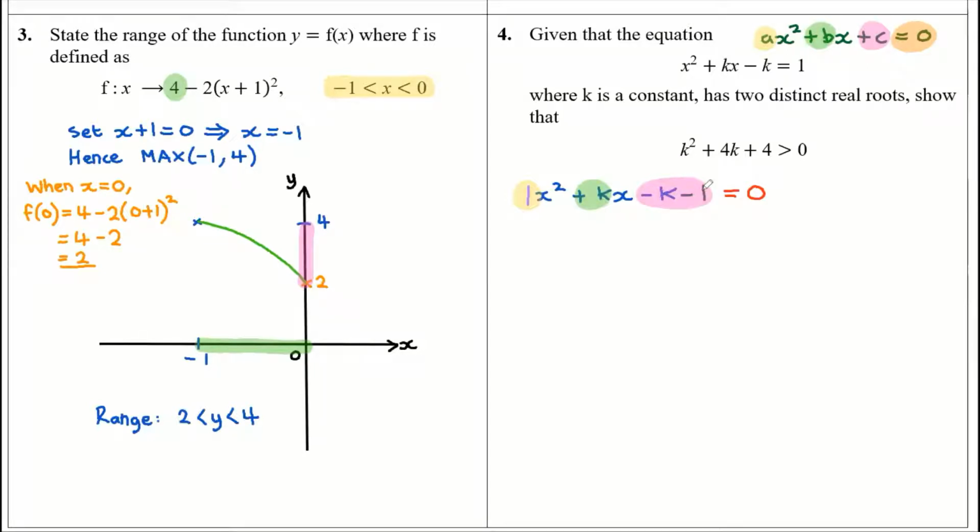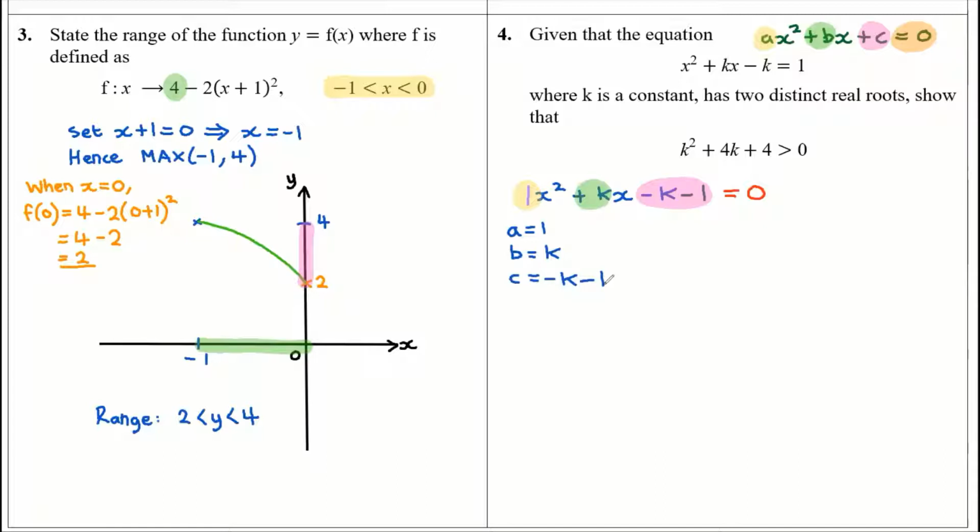So let's write down what a, b, and c are, and then we can use the discriminant. So a is going to equal 1. b is going to equal k. And c is going to equal negative k subtract 1. All right.